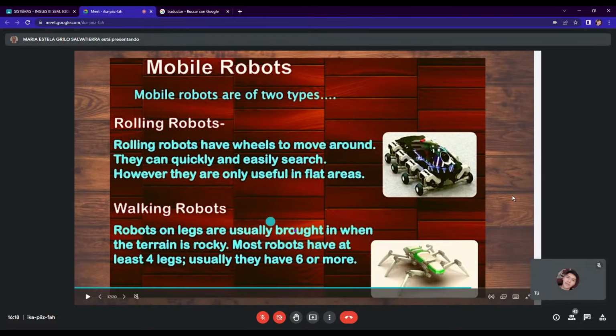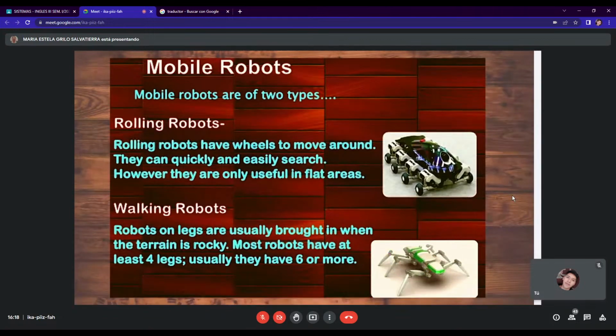Walking robots, check. They use legs that are going to change the position, and they are usually brought when the area is rocky, es rocosa. But today, if we observe the new videos about this kind of technology, we are going to see that they use even these scrollers.